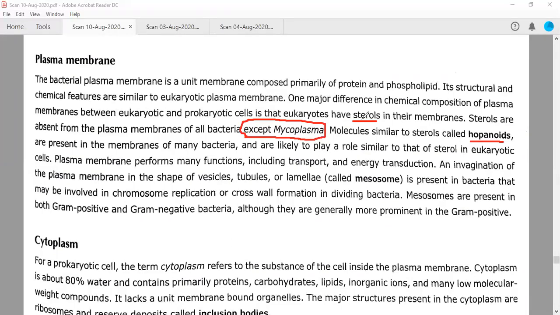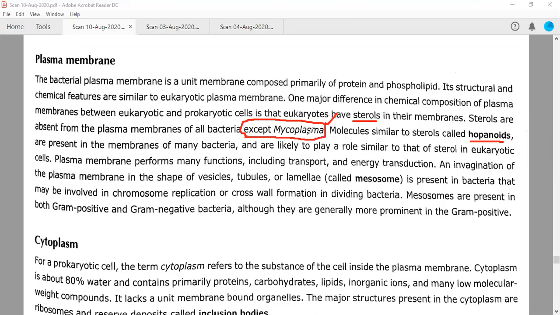Then they evolved and made different organisms. In fact, the eukaryotes also evolved from the prokaryotes only. Eukaryotes and prokaryotes have some differences, first of all in the molecular makeup of their plasma membrane. The prokaryotes generally do not have sterols.